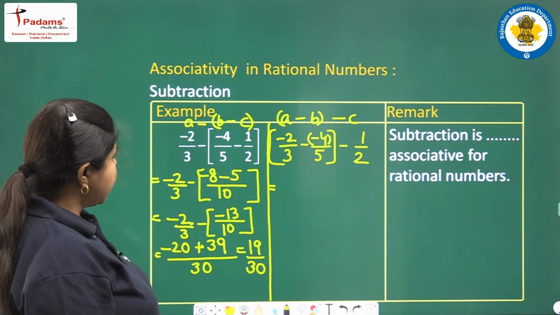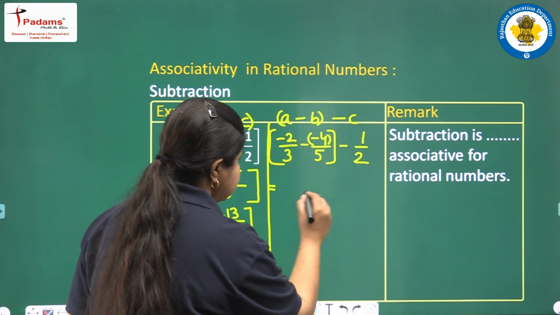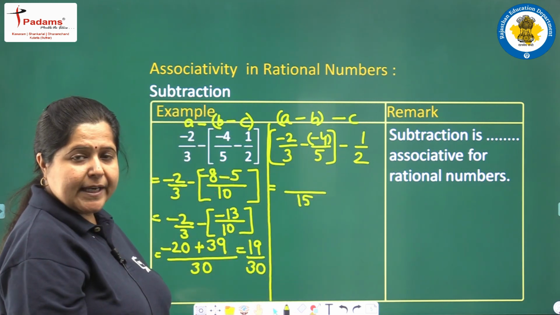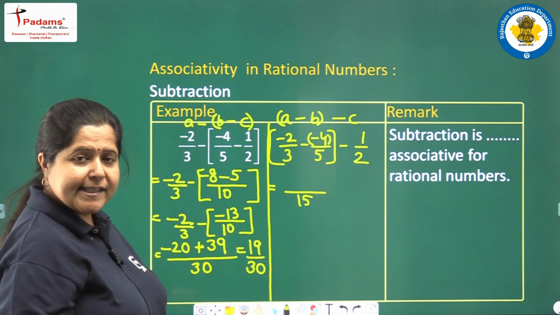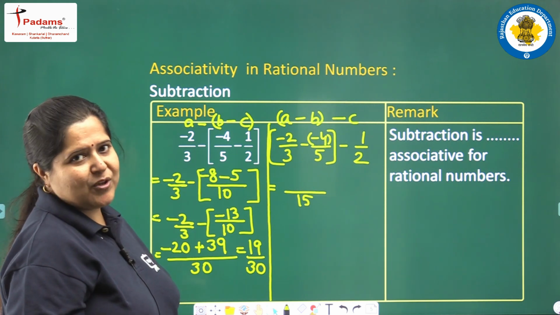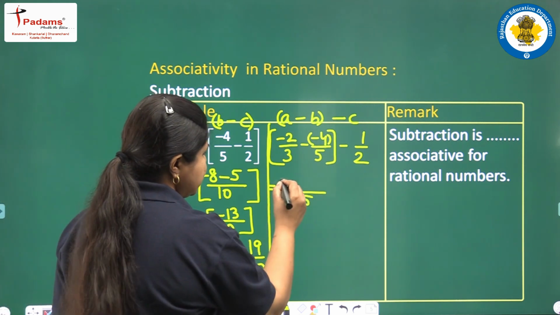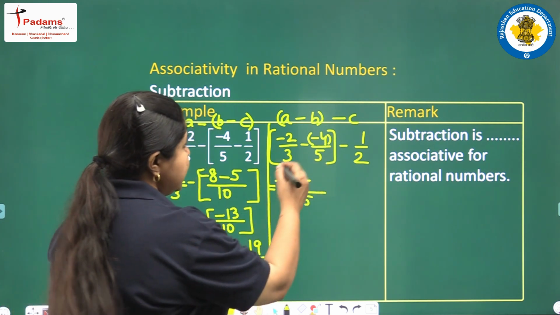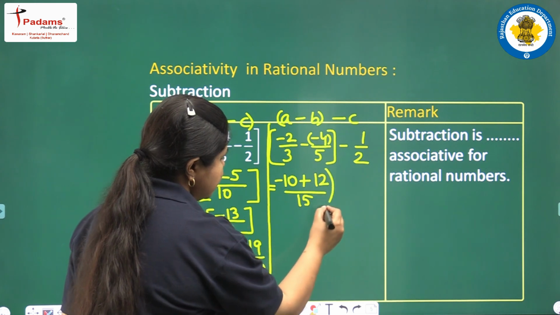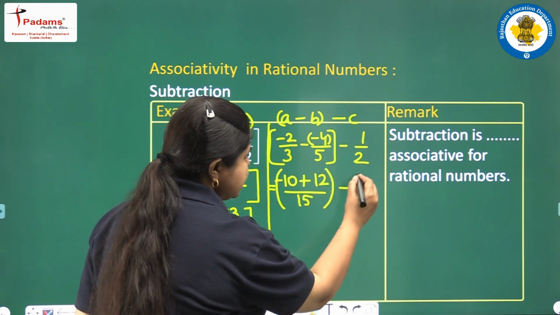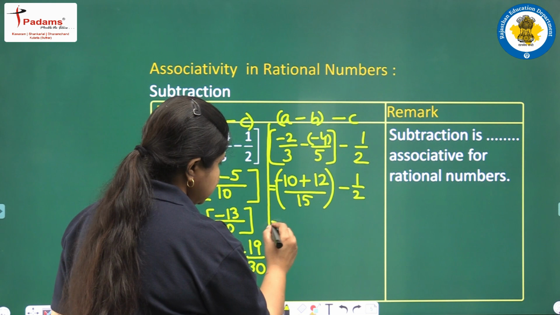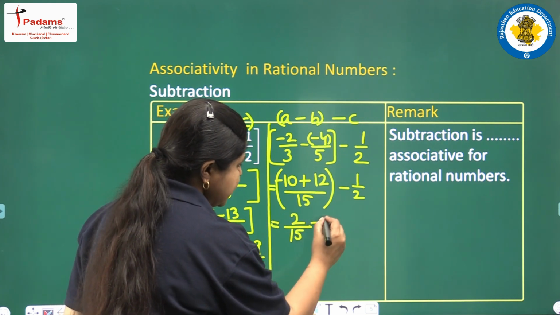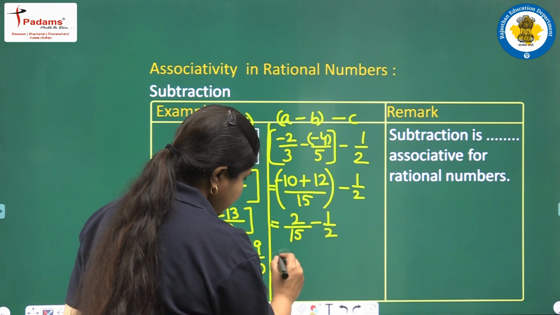Yes, again the LCM will be 5 3s are 15. We can cross multiply because the denominators are co-prime, and we got the LCM by simply multiplying both of them. So 5 2s are 10, minus and minus will become plus, 3 4s are 12. Give it a bracket, minus 1 upon 2. This will be 2 upon 15 minus 1 upon 2.